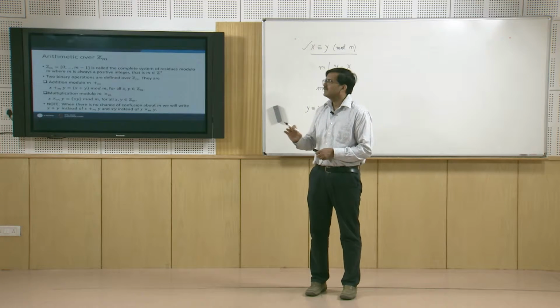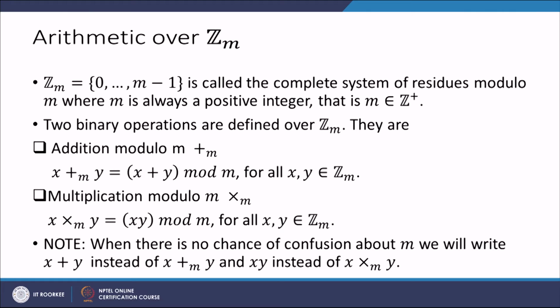Arithmetic over Zm. Now what is Zm? You give me an m, it can be anything, it can be 2, 3, 5, 4, whatever. I can always construct a set of 0 to m minus 1. So if you give me 5, I will construct the set 0 to 4.